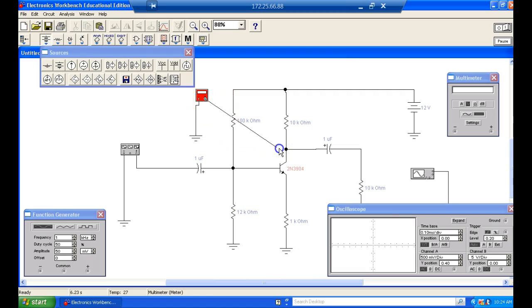Might be better if I disconnected at the meter and then reconnected. 1.6637 volts. There's only one reason that could be possible, and that's what? If they are connected together.